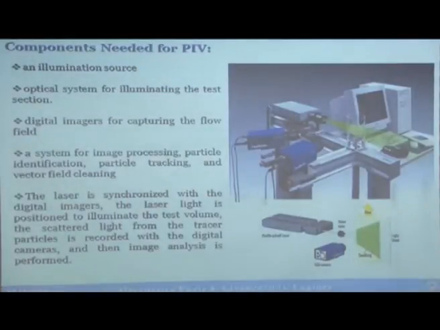So, I have already mentioned it to you, this is how a typical optical system looks like for PIV measurement. So, this is the flow cylinder. Now, when you want to do IC engine measurement, instead of this optical plastic cylinder, you can have an optical engine cylinder. Okay. Rest of the things remain same.